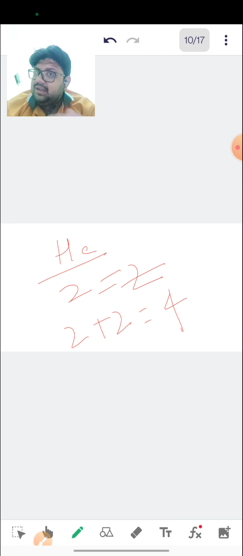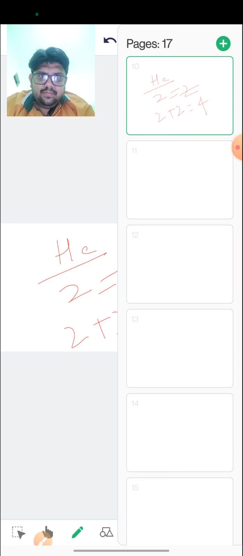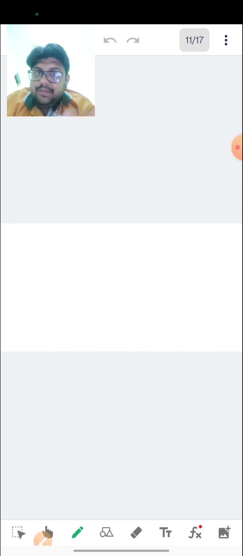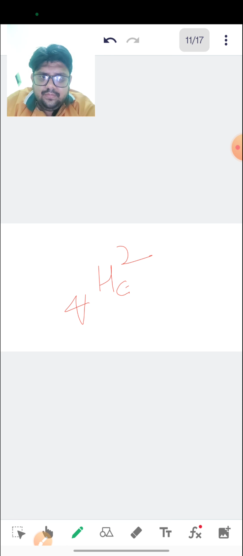Actually, the atomic number and mass number help us to represent the name of an element or an atom. How can we represent this? Let us take the example of helium. To represent helium, we write helium here, and on the top right side or left side we write its atomic number, and on the down side we write the mass number, that is 4.